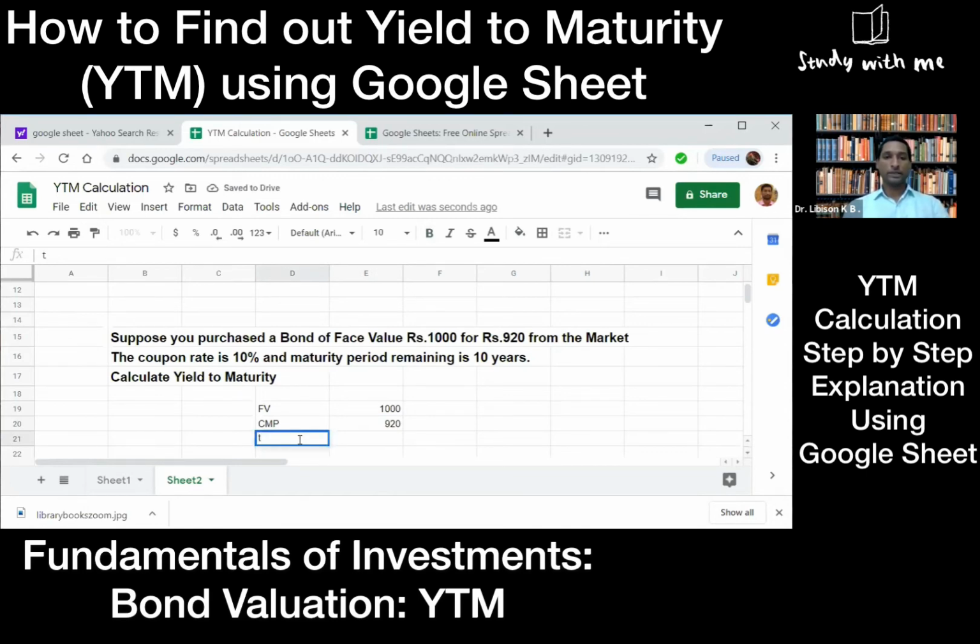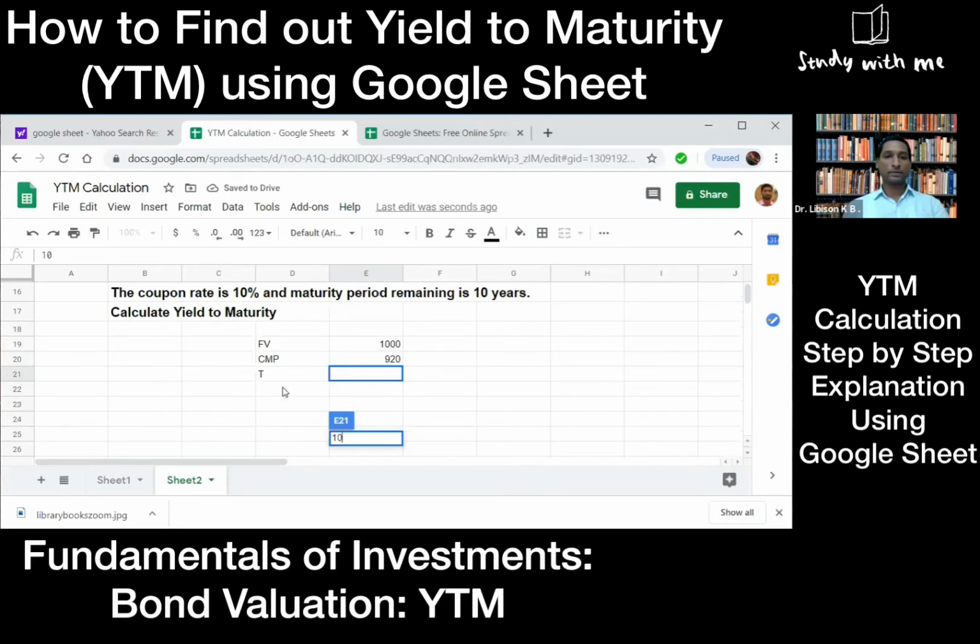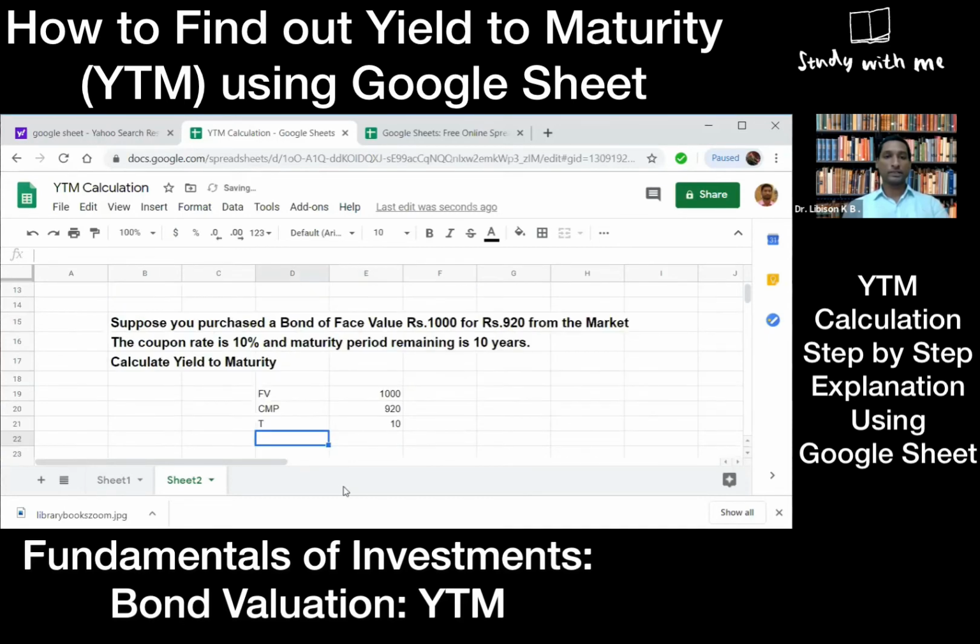Maturity period T is equal to 10 years. Coupon payment C is equal to coupon payment C. It is not CMP, it's C. C is equal to 10%. So these are the details given in the problem. So how to solve it?